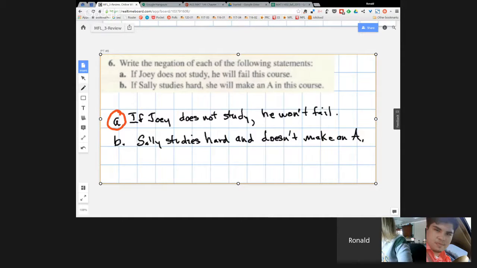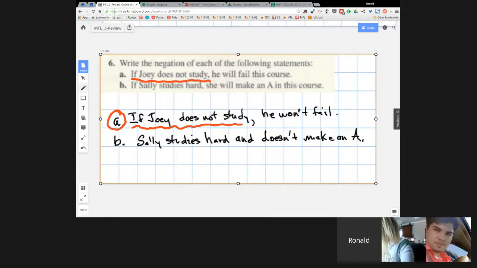You keep the first part true. Remember, what's the only line in an if-then truth table that's false? When the first statement is true and the second statement is false. So I left the first one exactly as it was. That's what I mean by true. I left it alone, and then I negated the second part. So if Joey does not study, he won't fail this course.